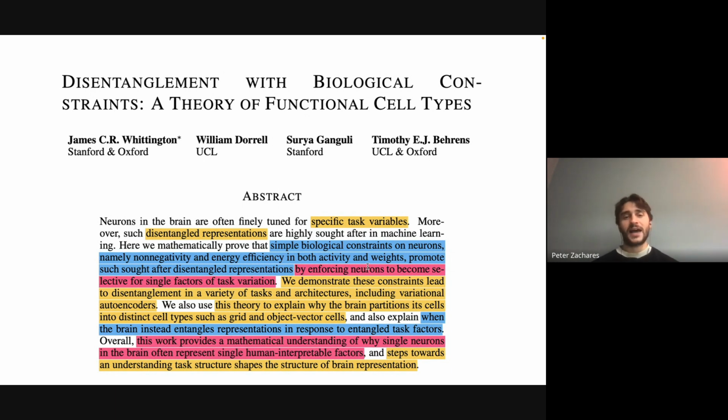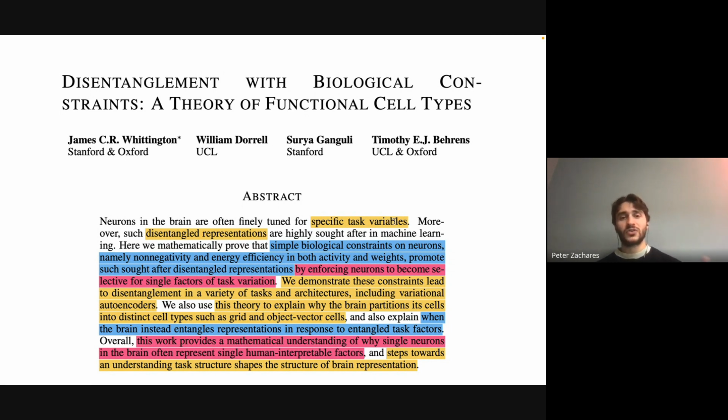So with this cat example, you would want one of the neurons to respond to pointy ears and also be able to show that it's responding to pointy ears. And then another one to point to maybe having less of an elongated snout. So these are features that are specific task variables, as they say right up here.